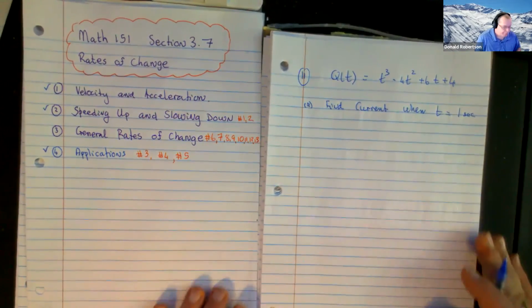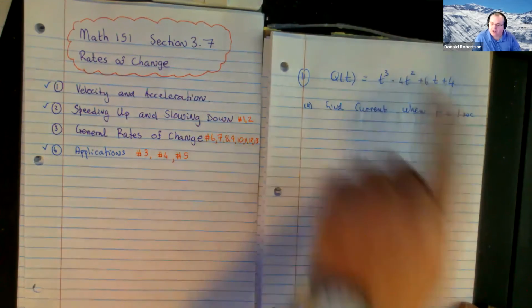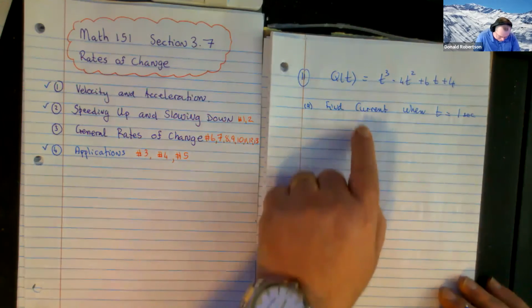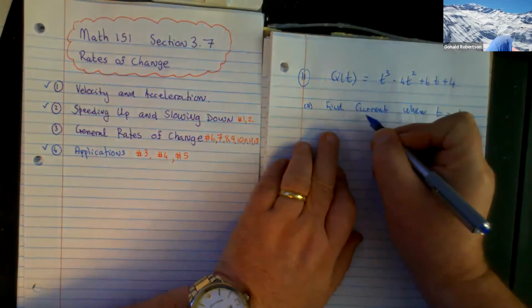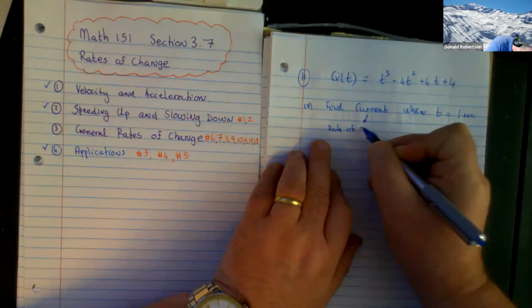Okay. You don't know physics. Gotcha. Don't know electricity. But you do know calculus. And you should know, although I think they tell you, that when you want to find the current, that word there is just the rate of change.